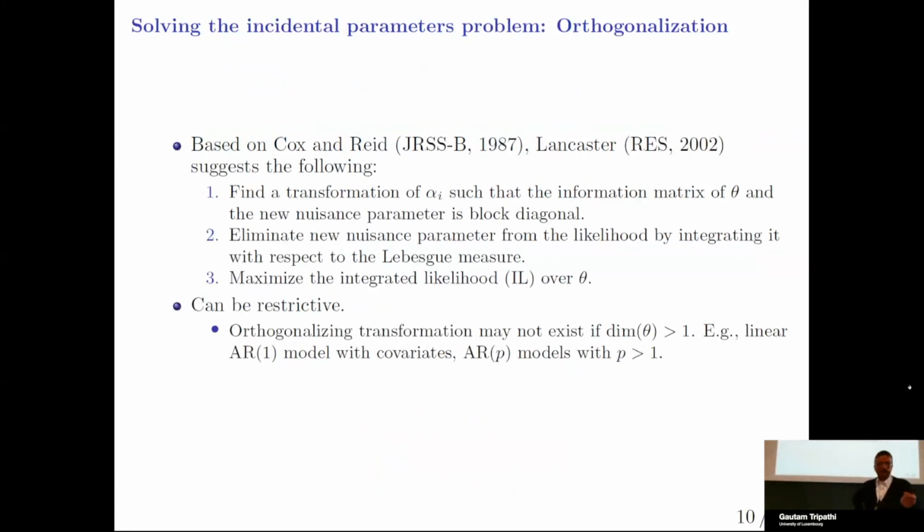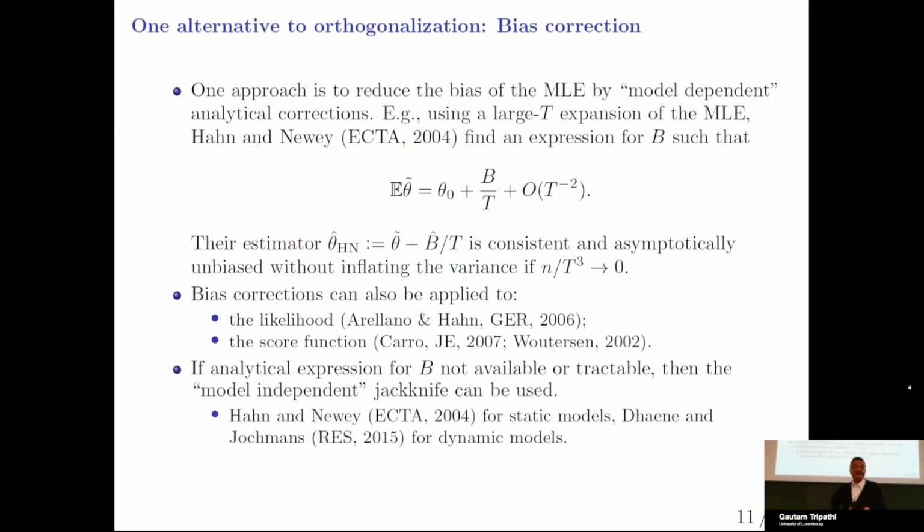There are several ways to do this. You can orthogonalize parameters. You can do bias correction. You can do bias correction explicitly, meaning come up with analytical expressions, or you can do the jackknife if the bias corrections are too complicated.